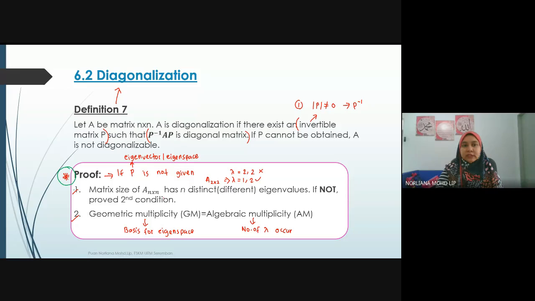Proof yang pertama, kalau dia diagonalizable. Kalau dia not distinct, awak kena proof guna second condition. Second condition awak kena tahulah GM and AM. GM and AM for all, kat sini kena proof for all lambda. For all eigenvalues.